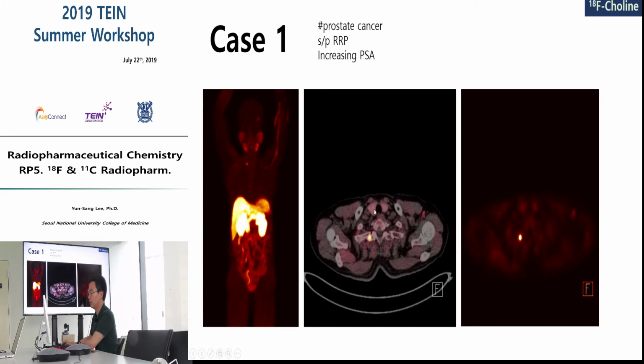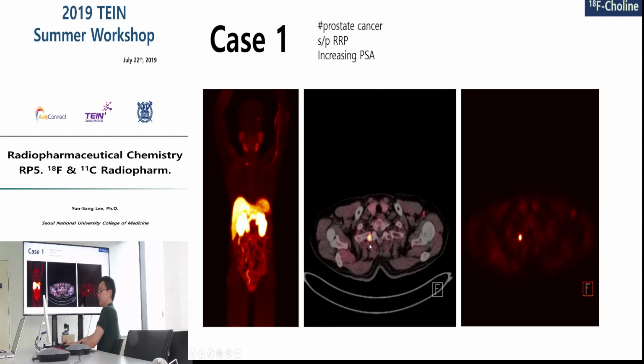So this is a case from our institute, a prostate cancer patient who had a radical prostatectomy. Because of the increasing PSA level, the patient went on for a choline PET, and as you can see in the MIP image, there was some focal uptake in the skull and in the upper thoracic area.